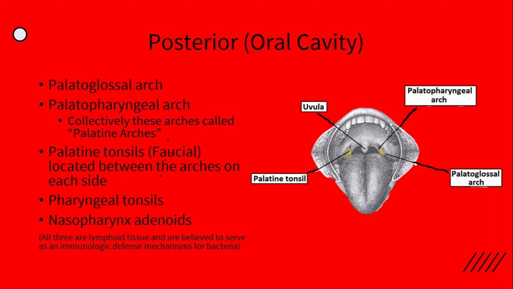And all three of these lymphoid tissues are believed to serve as immunological defense mechanisms for bacteria, which we observe especially with the tonsils, with strep throat or tonsillitis, as they have bacteria that has collected on them. And normally it is treated with antibiotics, of course.